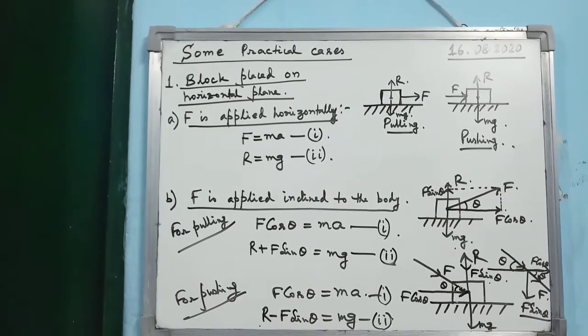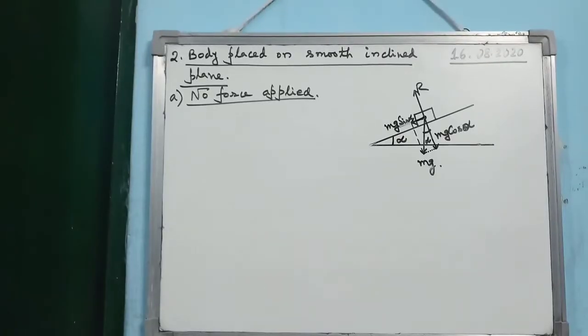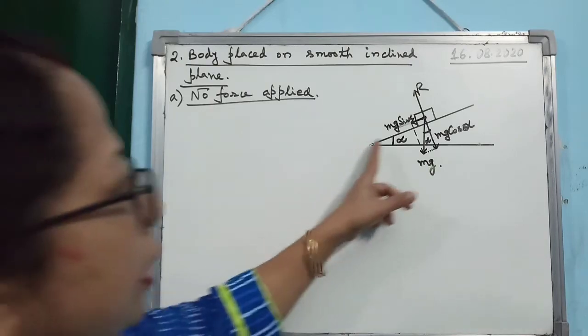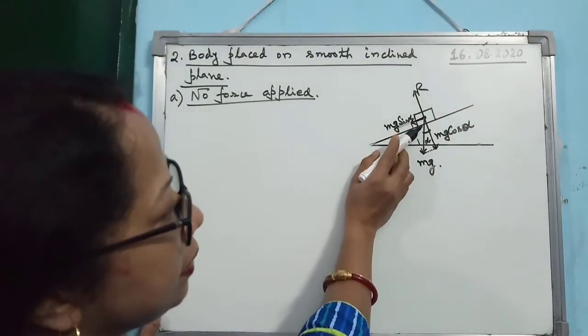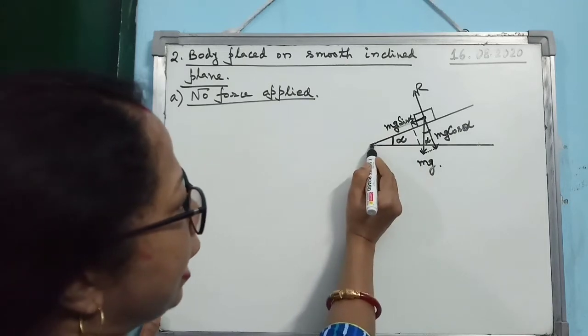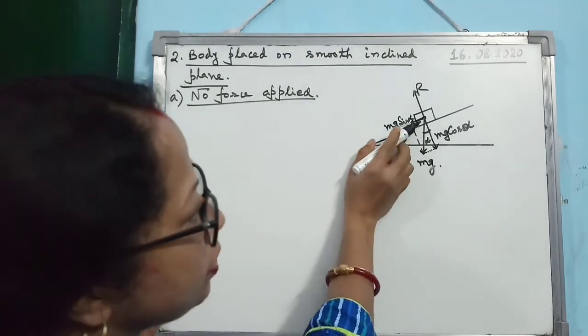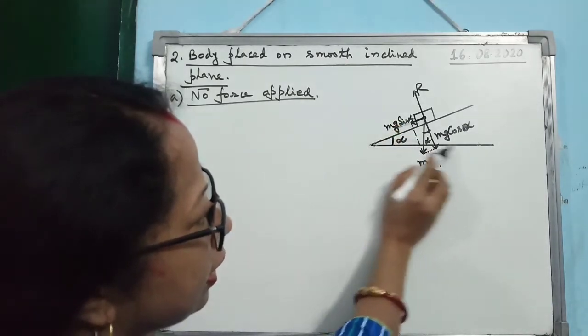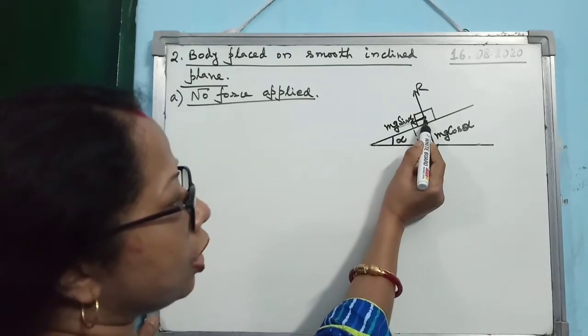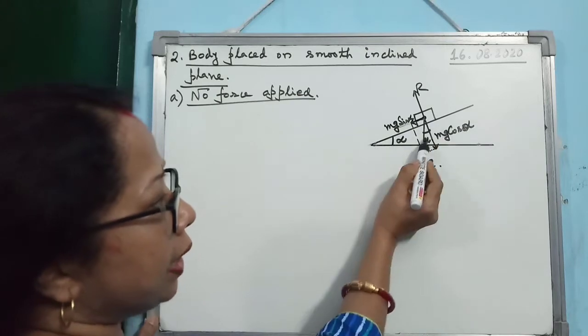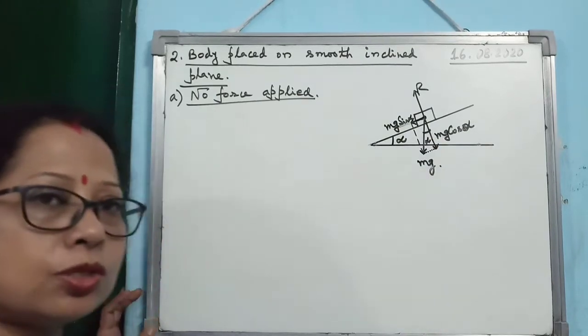Next one is, you have placed a body on an inclined plane. Then you see the weight mg is acting vertically downward, and the angle of inclination is alpha. If you draw a perpendicular to the inclined plane, this angle will also be alpha.